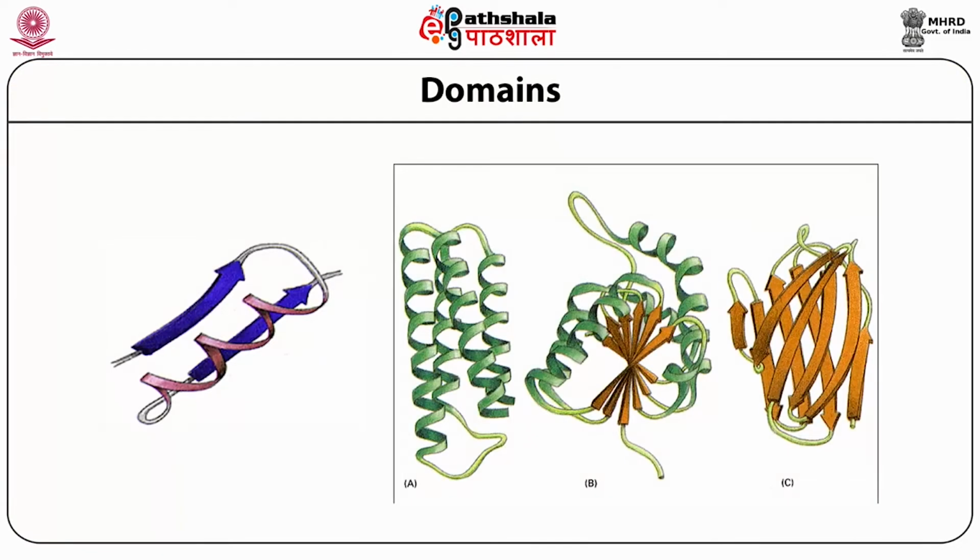The domain gives more information. A domain is not present in the primary structure, and the secondary structure is least preferred for domains, whereas in tertiary and quaternary structures the domain plays a major role, involved in many biochemical reactions or interactions.